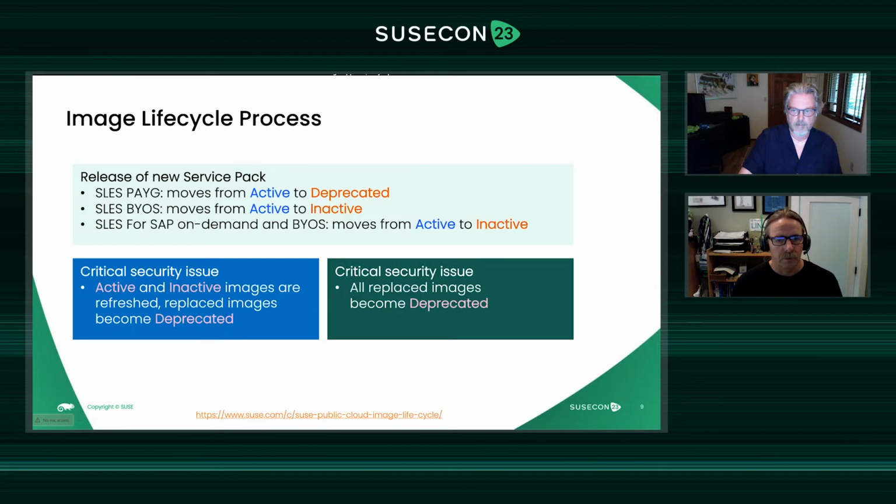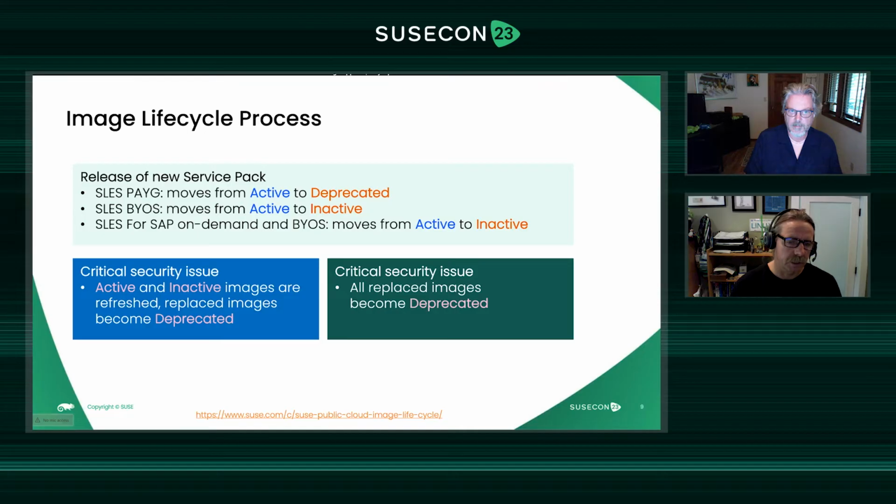So for active images, again, they get refreshed on a 3.5 on a 3-month rolling release or refresh cycle. They also get critical security updates. Again, you can see here, critical security updates trigger refresh of images for active and inactive images.